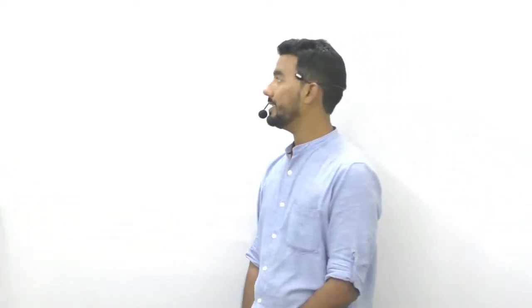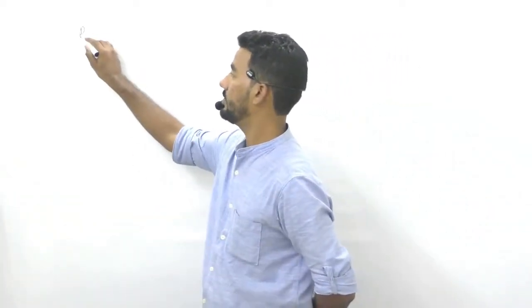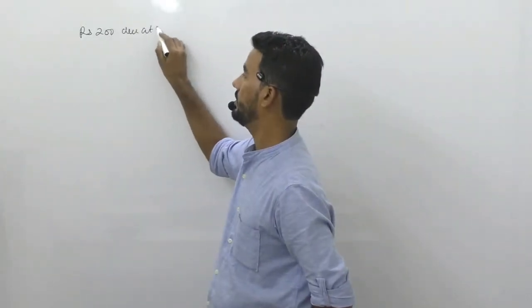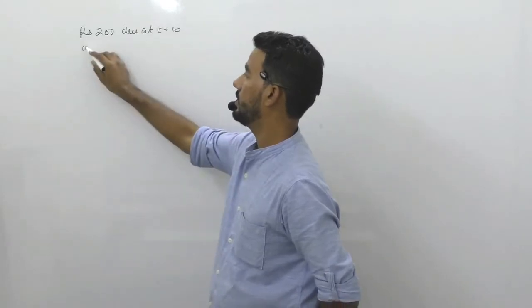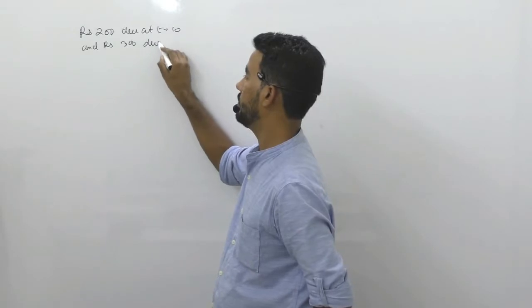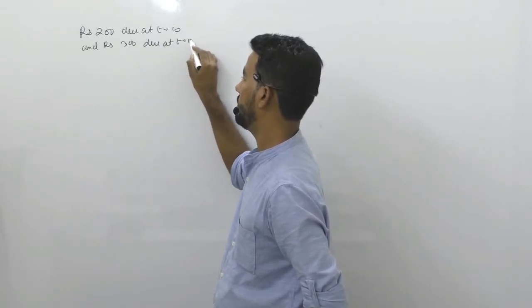Let us now do some more sums on the present value of the distributed cash flows. Let's say that I have rupees 200 due at time 10 and rupees 300 due at time 15.